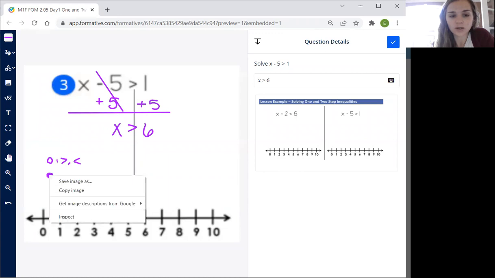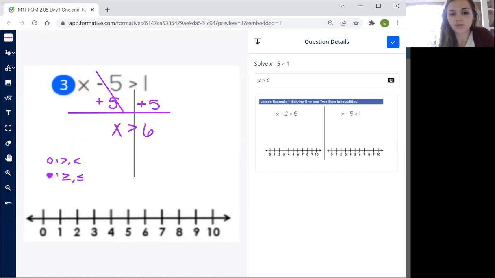And then we want a closed dot to represent less than or equal to or greater than or equal to.